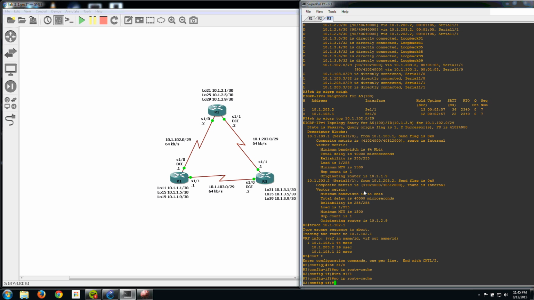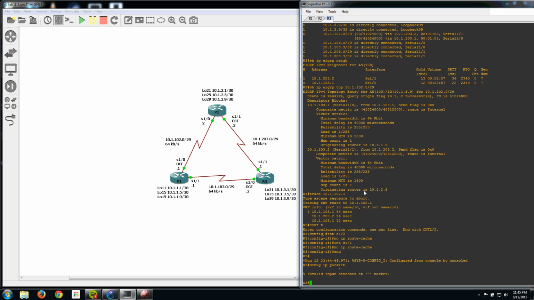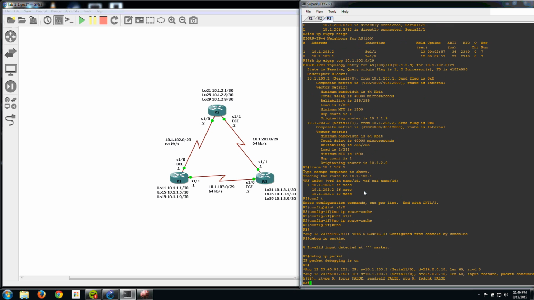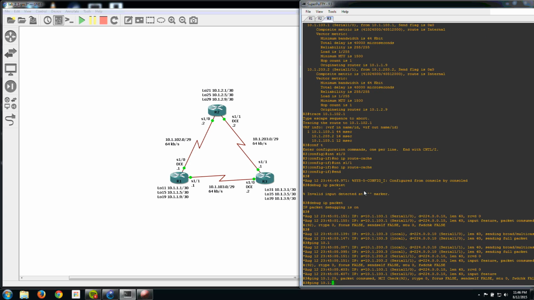So now we'll do a debug IP packet, if I can spell packet. Alright. So now let's take a look. We'll do a ping to 10.1.102.1 again.